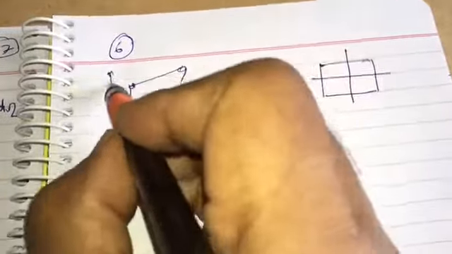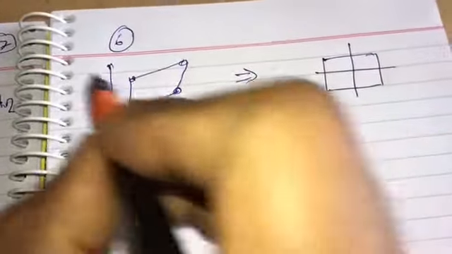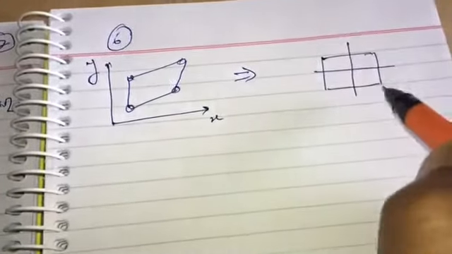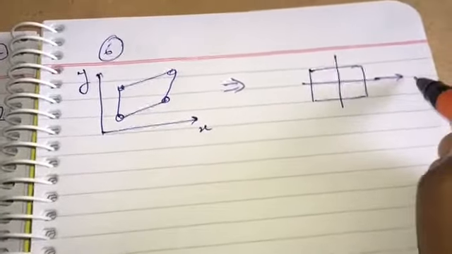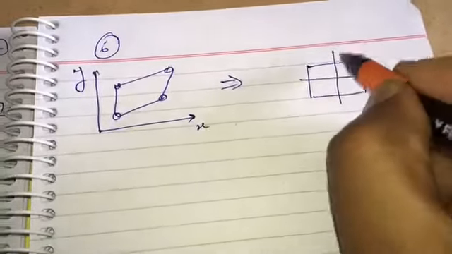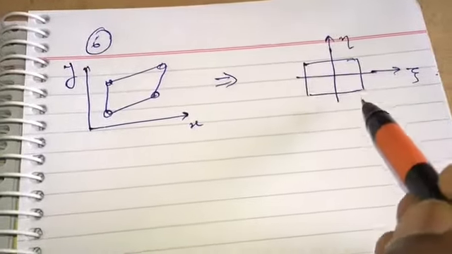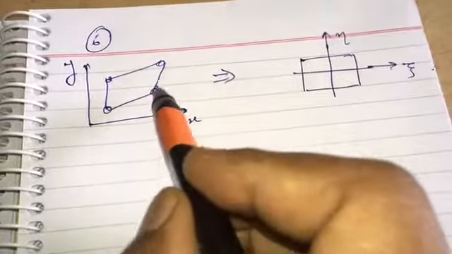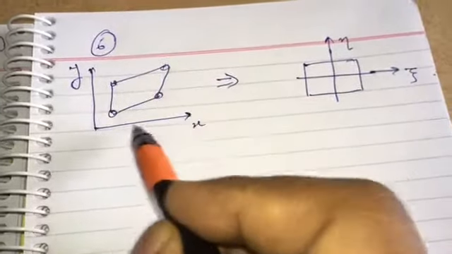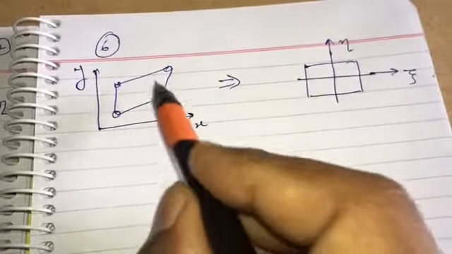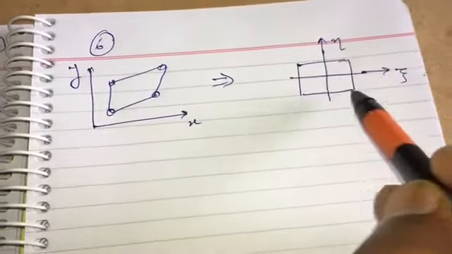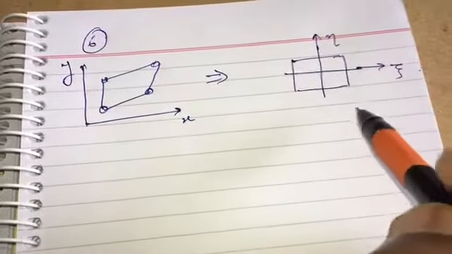So the original xy coordinates are transformed to the xi and eta coordinate system, where any irregular quadrilateral element is transformed to a square like this one.